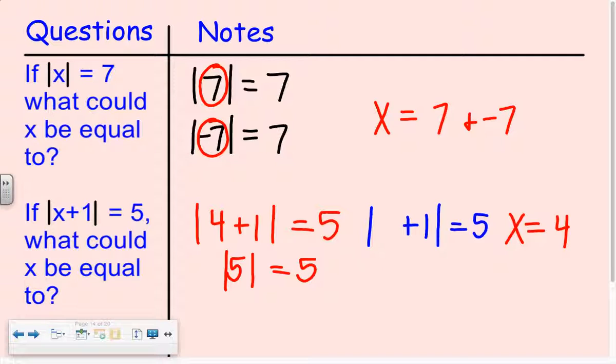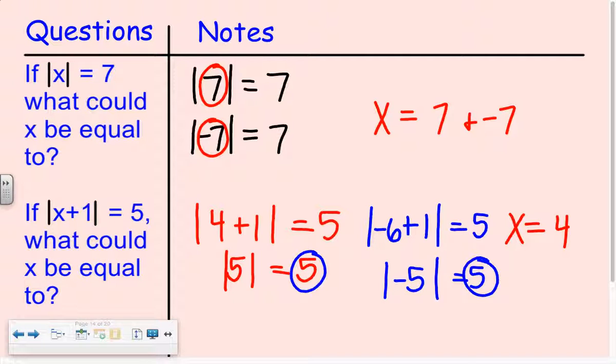Well, I know that if both 7 and negative 7 have an absolute value of 7, 5 and negative 5 also both have an absolute value of 5. So what number plus 1 is negative 5?